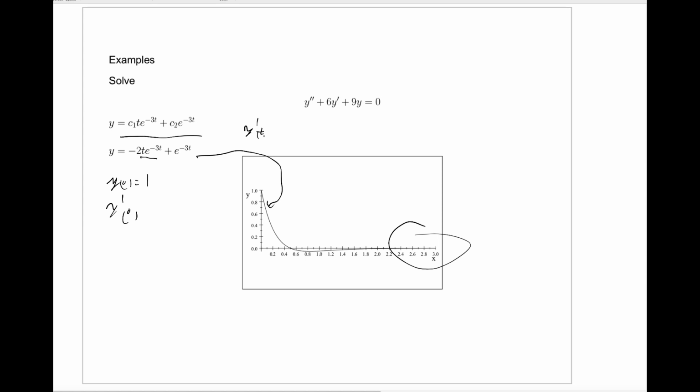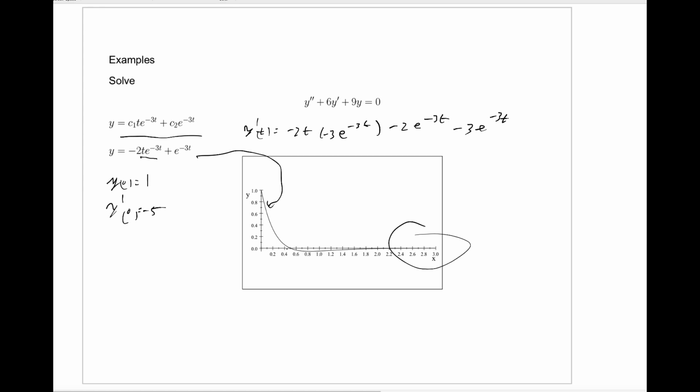Y prime of t is minus 2t times minus 3 e to the minus 3t, minus 2 times e to the minus 3t, and then we have minus 3 e to the minus 3t. So y prime of 0, when I plug in 0, will actually give me -5. So you can see how it's going downward very rapidly at 0, even though y of 0 is 1.